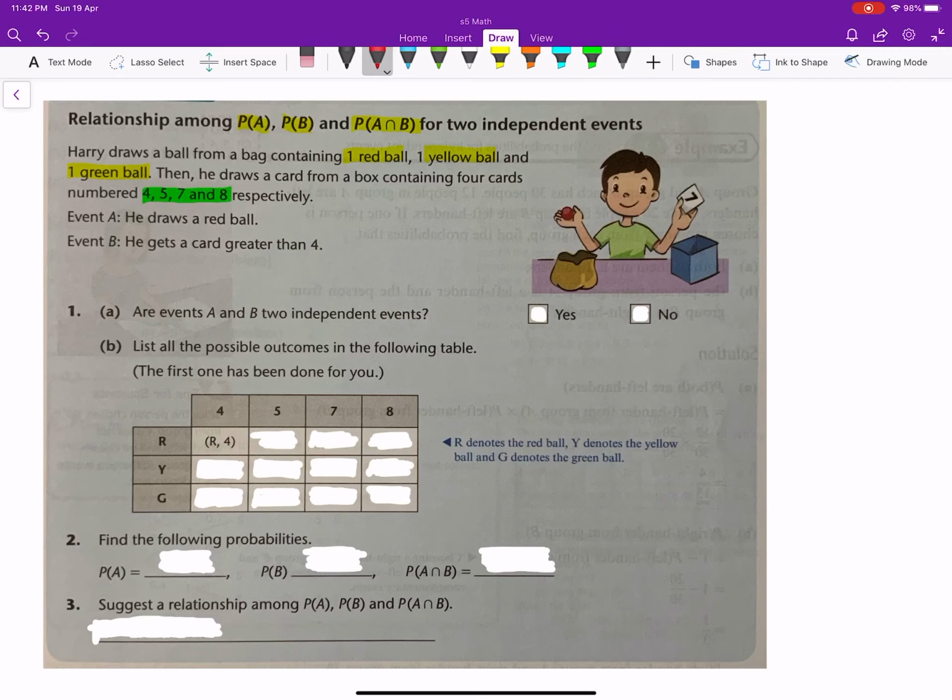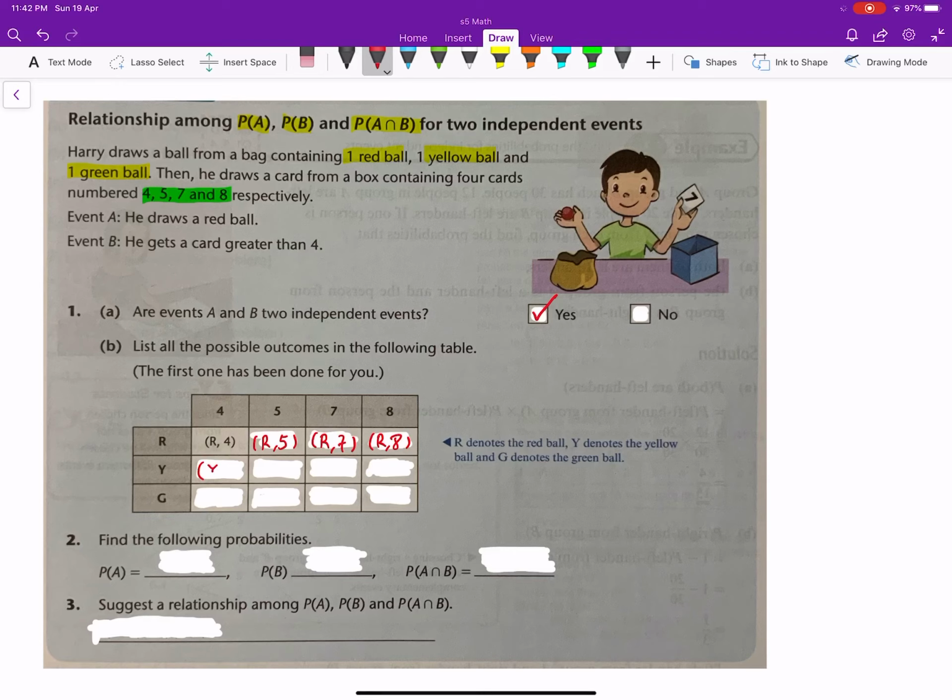Now, (a), are events A and B independent events? It is quite obvious, right? Because they will not affect each other. So it is yes. Now we try to list out all the possible outcomes in the following table as we have done before. The first is R4, means you get a red ball and a number 4 card. And here you will get R5, R6 and R8.